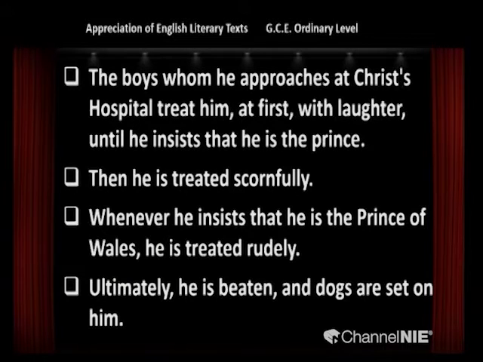Then he is treated scornfully. Whenever he insists that he is the Prince of Wales, he is treated rudely. Ultimately, he is beaten and dogs are set on him. So, by this time, he has no experience of the outside world. That's why he behaves in this way.